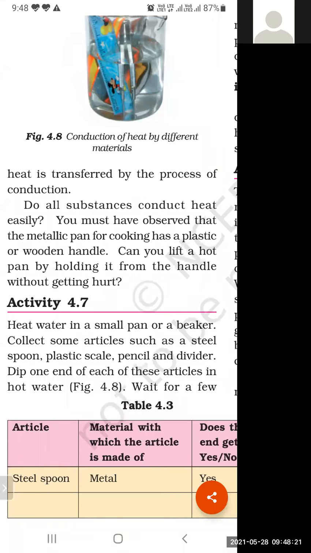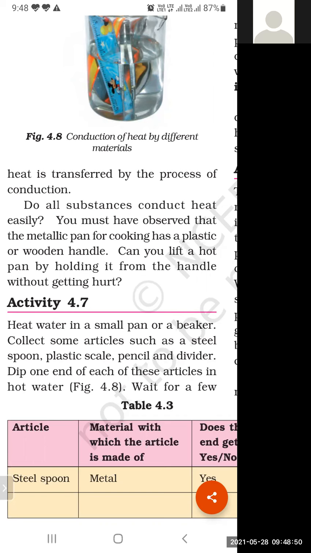As you have discussed in junior or previous classes, those materials which allow heat to pass through them are known as conductors, and those materials which do not allow heat to pass through them are known as insulators or bad conductors. Now the question is, why does a metallic pan have a plastic or wooden handle?